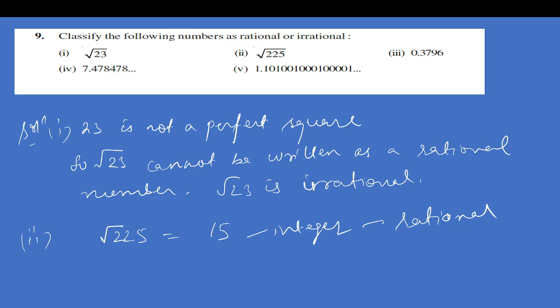Just repeating from last time, rational means it will be terminating, or non-terminating but recurring. For irrational, it will be non-terminating and non-recurring.